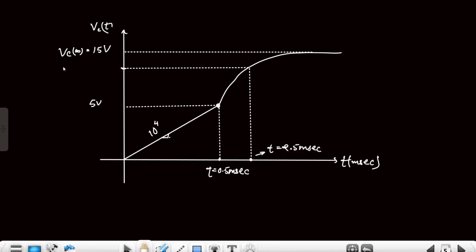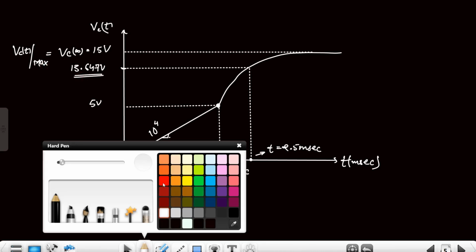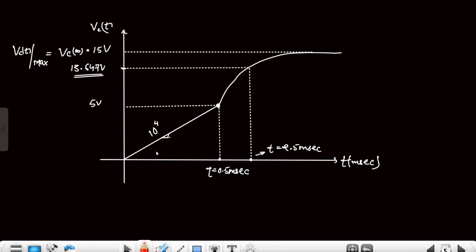Up to here the capacitor was linearly charging. This was the linear charging of the capacitor in this range, and here the capacitor has switched into exponential charging.